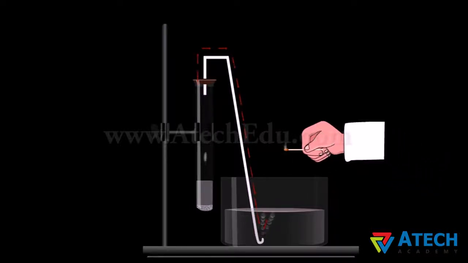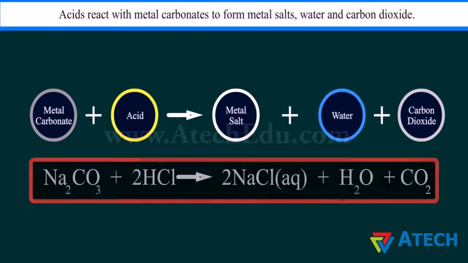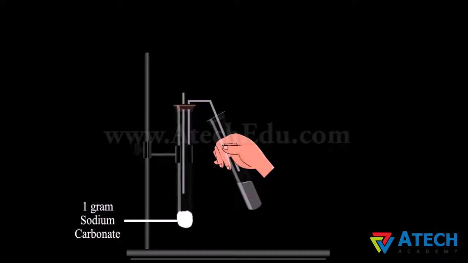Acids react with metal carbonates to form metal salt, water and carbon dioxide. Let us do one experiment to understand this. Take 1 gram of sodium carbonate, add 2 milliliters of hydrochloric acid to the test tube. You will see a gas is released.